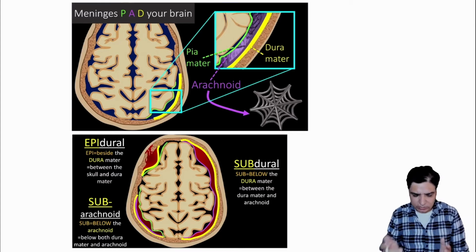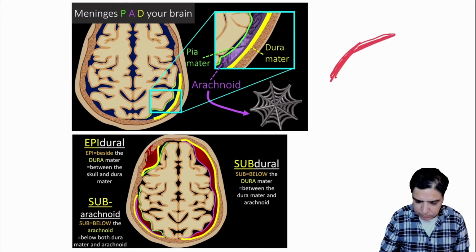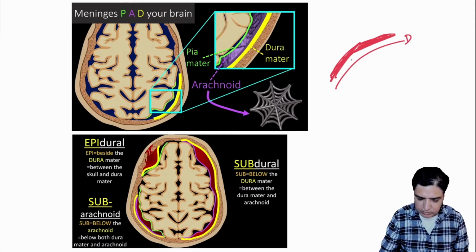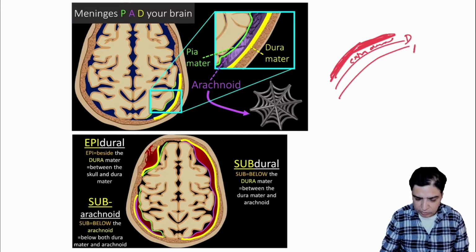So remember, as far as the spaces are concerned, if I draw over here, let's say this is the thick skull bone, and this is the topmost dura mater. Between this is the extradural space. Then you've got the second layer, which is the arachnoid, and the space between the dura and the arachnoid is known as the subdural space.